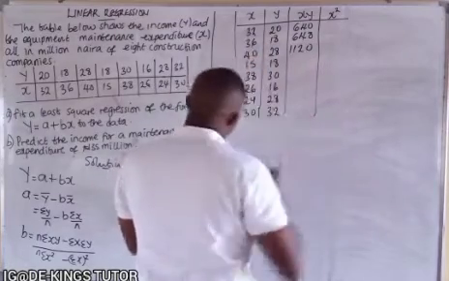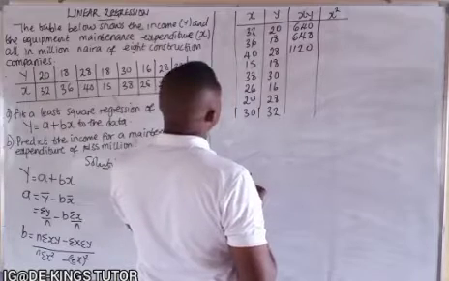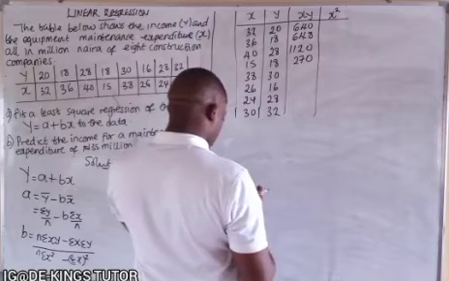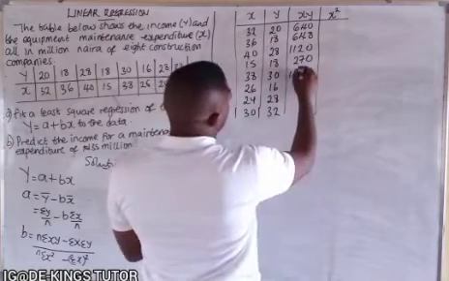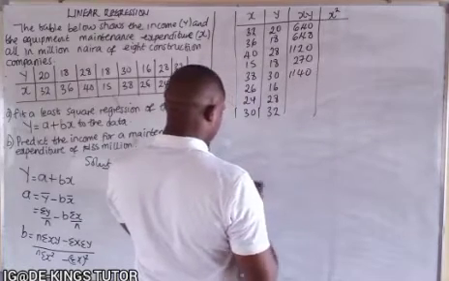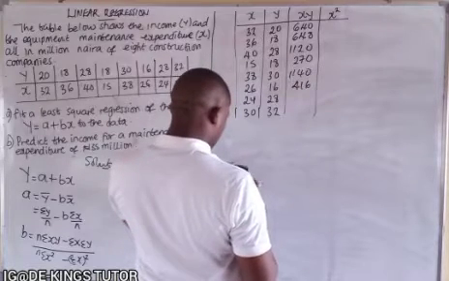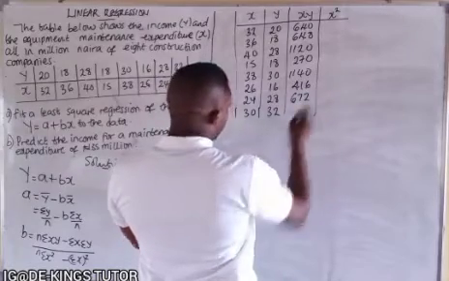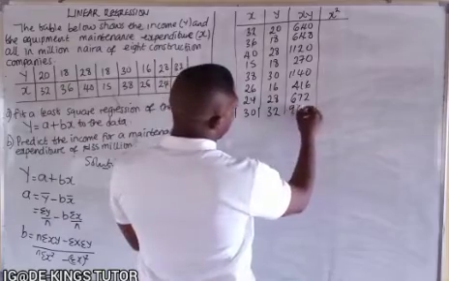The next one, 15 times 18, 270. The next one, 38 times 30, 1140. The next one, 26 times 16, 416. The next one, 24 times 28, 672. The next one, 30 times 32, is 960.